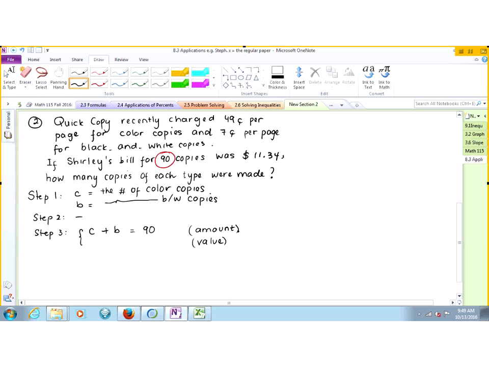Does it matter which one the equation is? No, it doesn't. Oh, yes. So 0.49C, okay, plus 0.07B. That's right. Yes. Good.